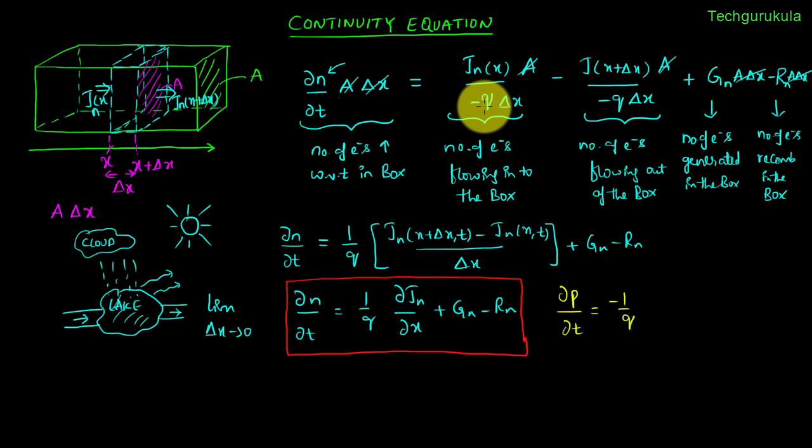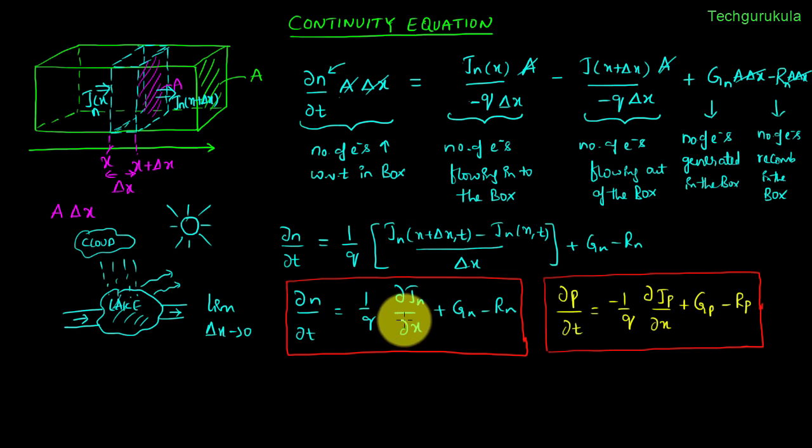If you take plus q and substitute p wherever we have n, we get the hole continuity equation. That's why we have minus 1 over q times del J_p by del x plus G_p minus R_p. And these are the continuity equations for electrons and holes.